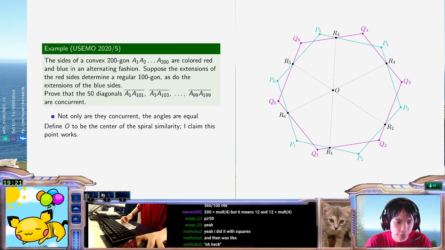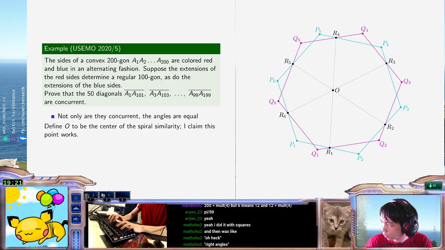So maybe I'll draw it in the picture. The Miquel lemma tells you that the circumcircle passes through these points. With squares, when you see the right angles, that's the big giveaway.